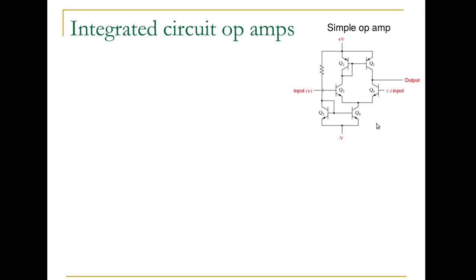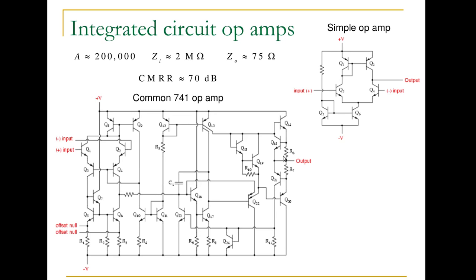It can become closer to the ideal op-amp with additions to the circuitry. So here's the circuit for a common op-amp, the 741. And it has gain of about 200,000, input impedance of about 2 mega ohms and output impedance of about 75 ohms.